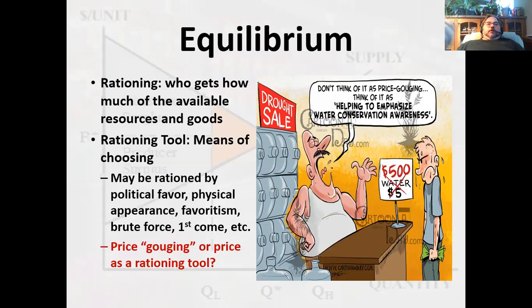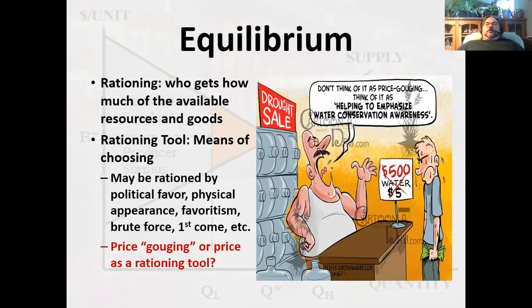They went running into Walmart and, oh my God, there's 2 pallet loads of toilet paper still selling for yesterday's price, and they buy up all 2 pallets. Now they've got enough toilet paper to last them 3 years. In the meantime, the second guy coming through the door can't buy toilet paper at any price because there's none on the shelf. So what price gouging or extreme price increases do is it institutes a form of rationing.